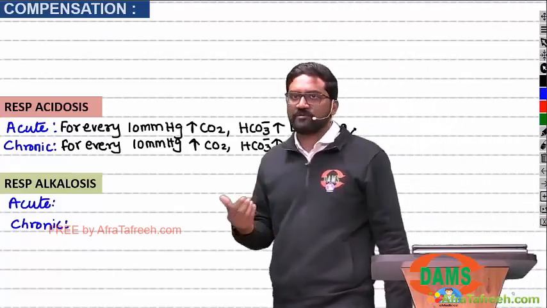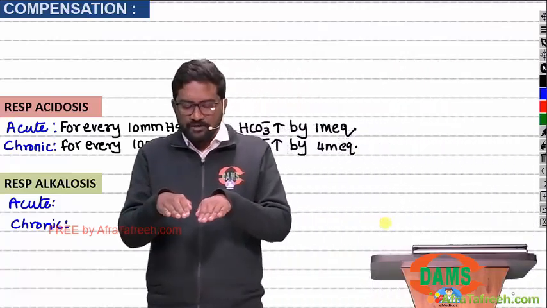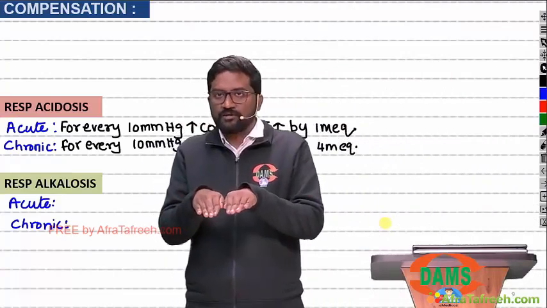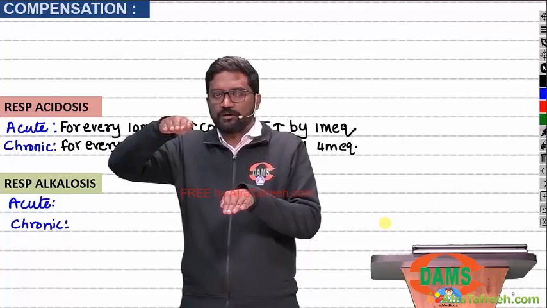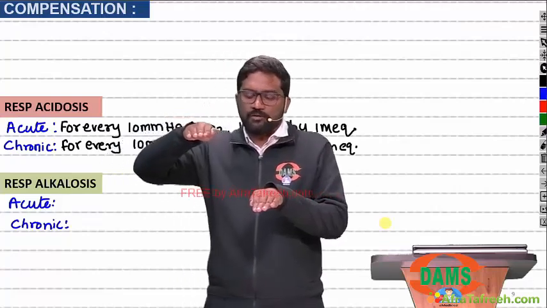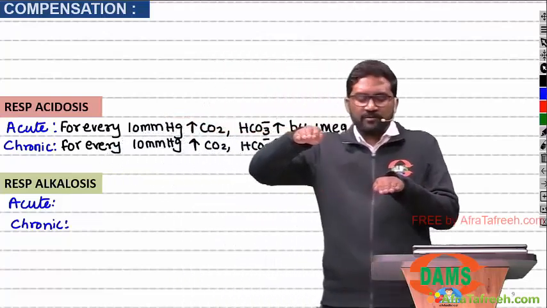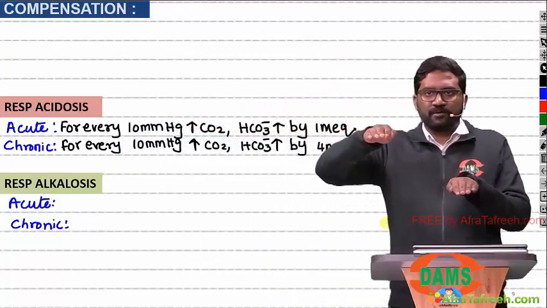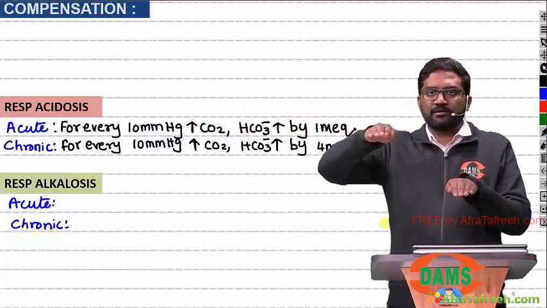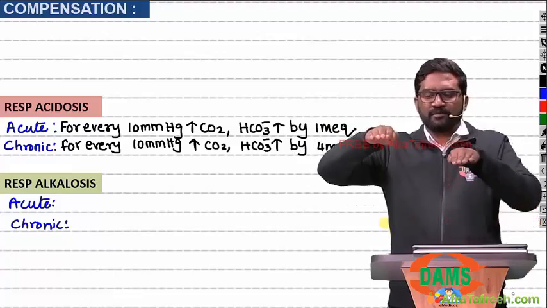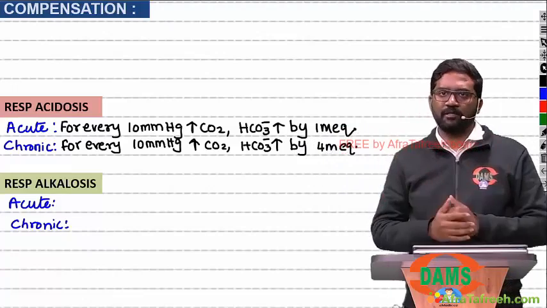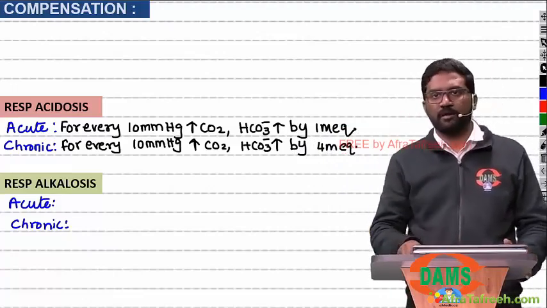Now because of some chronic disorder, CO2 has increased from the normal value of 40 to 60, by 20. To call it adequate compensation, bicarbonate should increase from the normal value of 26 to how much? For 10, it is 4. For 20, it will be 8. 26 plus 8, 34. So like this, you have to calculate.